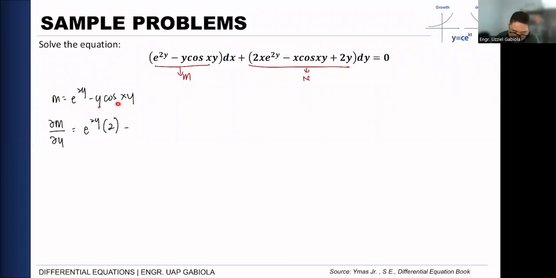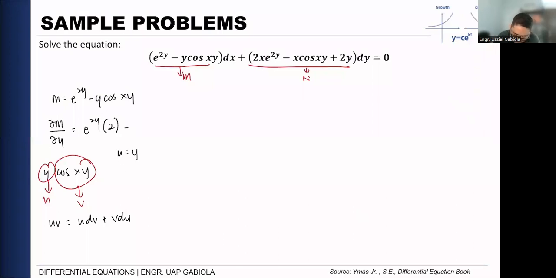Okay? So, sa derivative ng product, let's say meron tayong y cosine of xy. Ito gawin nating u, ito gawin nating v. Okay? And ang derivative ng uv natin is equals to u dv plus v du. So ano ba yung ating if u is equals to y, ang du natin is dy.